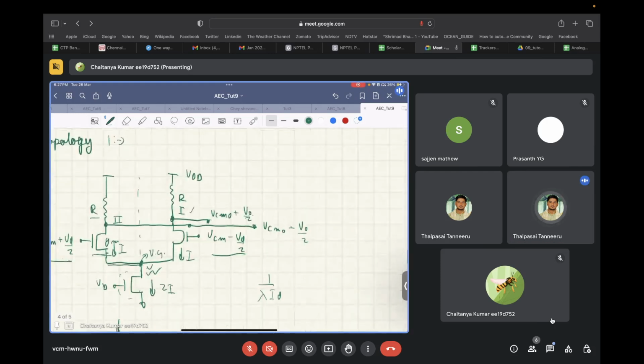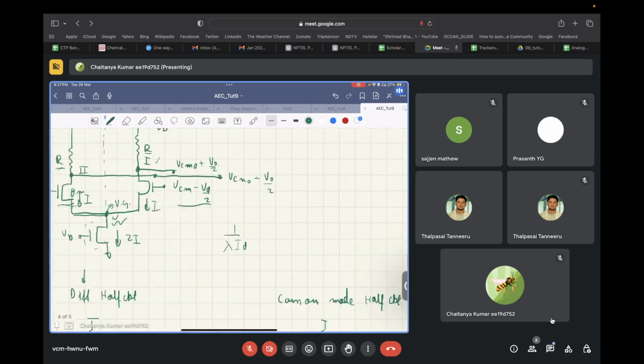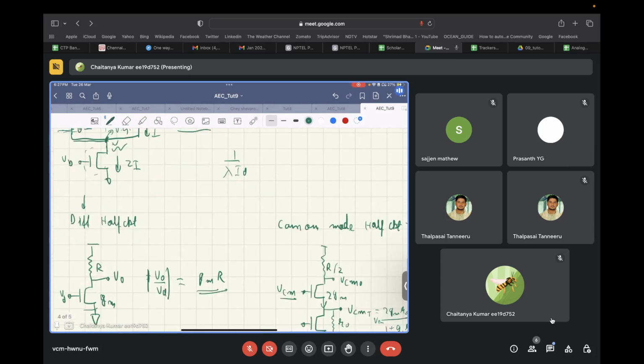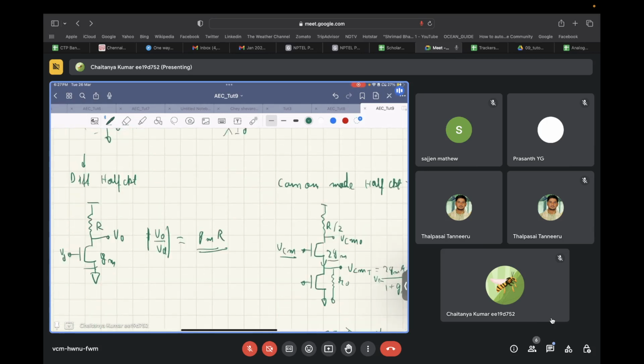So along the axis of symmetry, you fold the circuit on top of each other. So if you do that, the two resistances will come in parallel to each other. So you will have R by 2 over here. You will have two transistors in parallel to each other that will result in 2 GM.